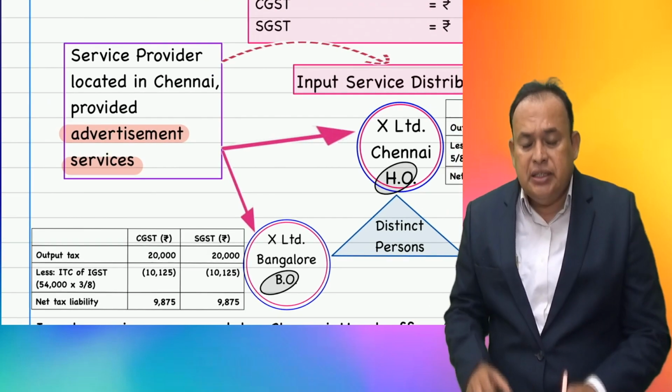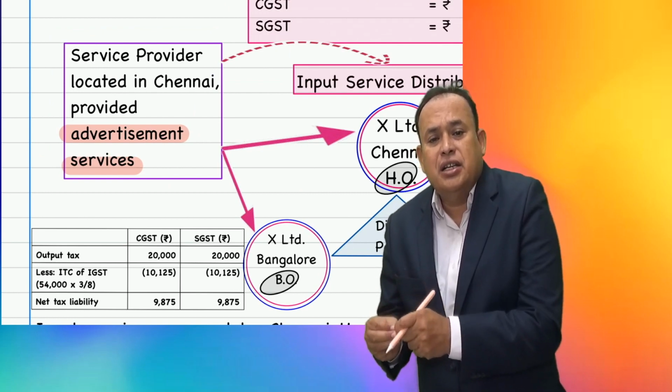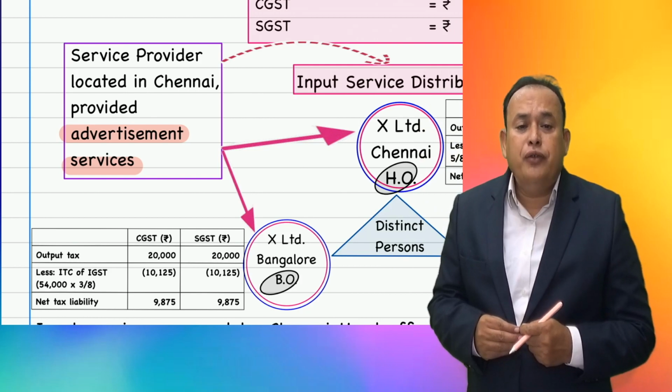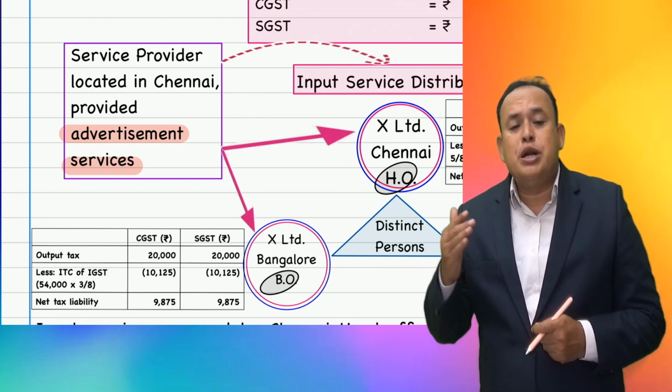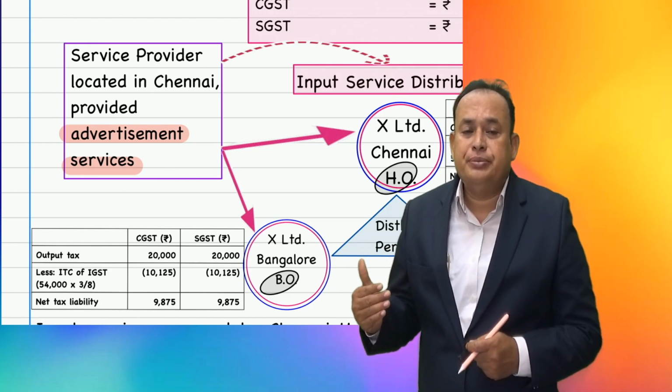X Limited Chennai approached an advertising agency for the advertisement of those products produced by Chennai office and Bangalore office.